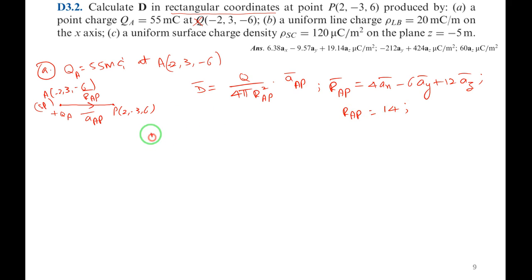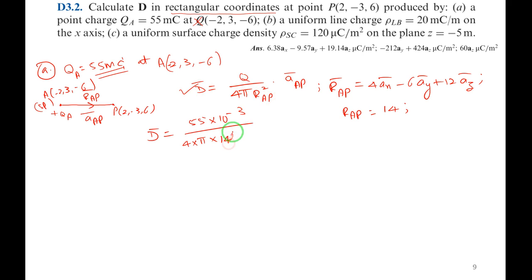So substituting, the D vector is equal to Q, which is 55 into 10 power minus 3 since it is milli, divided by 4 into pi. Don't write epsilon naught, because epsilon naught will not come into the picture when calculating electric flux density. It comes into the picture only in electric field intensity, E equal to Q by 4 pi epsilon naught R square into AR. So don't write epsilon naught here.